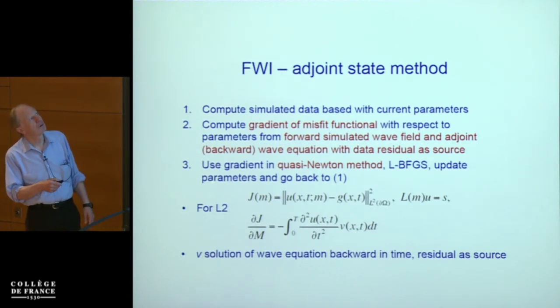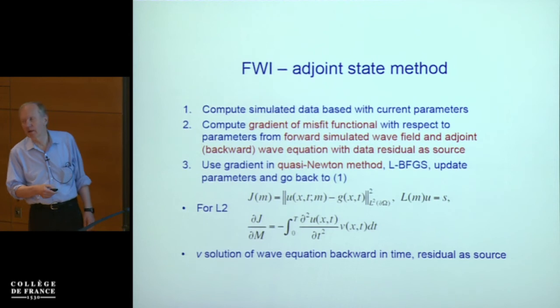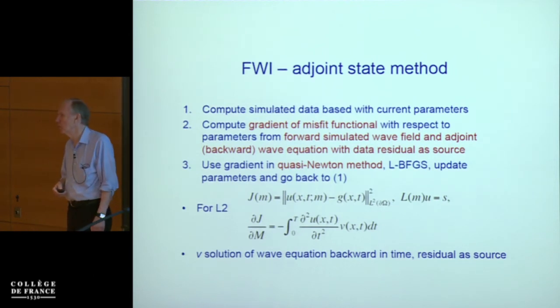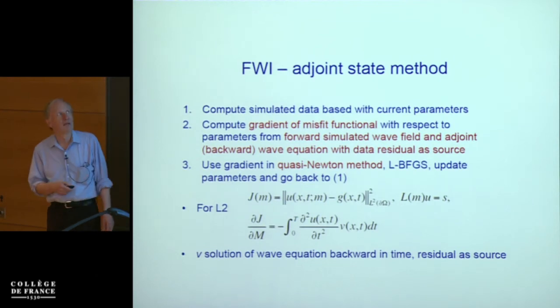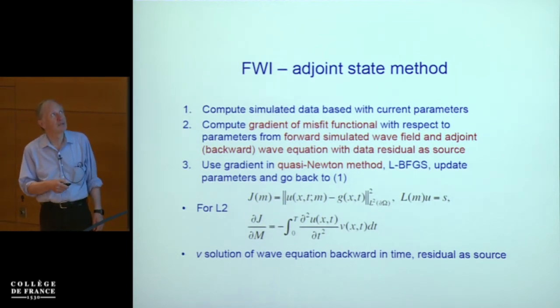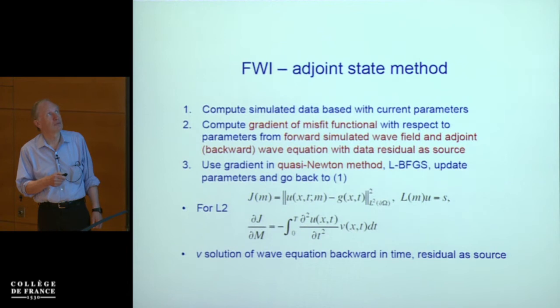So in order to do more, one needs to have a better way of doing the gradient and then the numerical way of doing it. And that is what was done within the full waveform inversion. You do a joint state method in this particular case. And then from that you get the Fréchet derivative, the gradient, which you then use inside a quasi-Newton method.